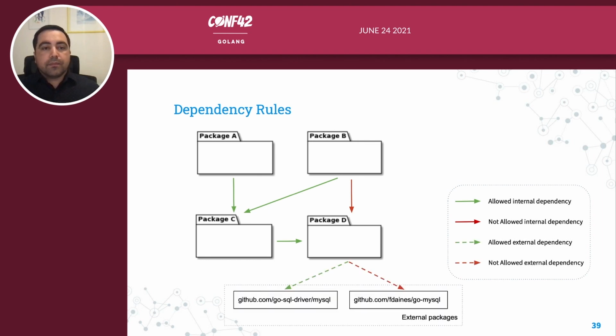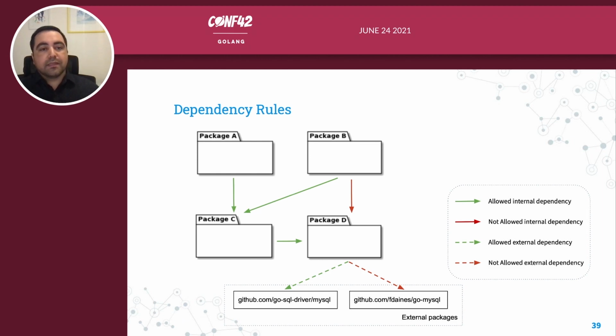But not only this, ArcGo also offers a way to allow and restrict dependencies with external packages. For example, in this case, package D can depend on the Go SQL Driver MySQL package, but cannot depend on the Daines Go MySQL package.